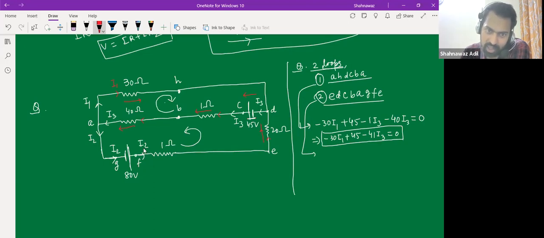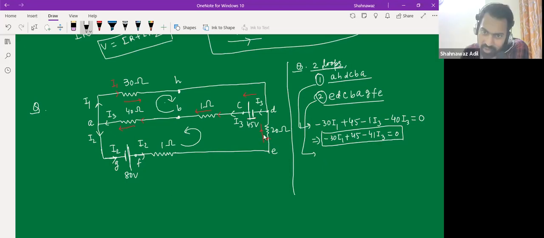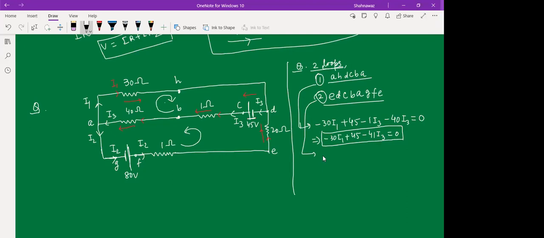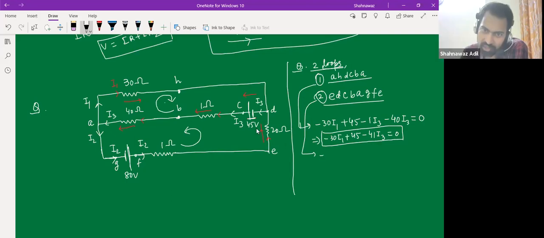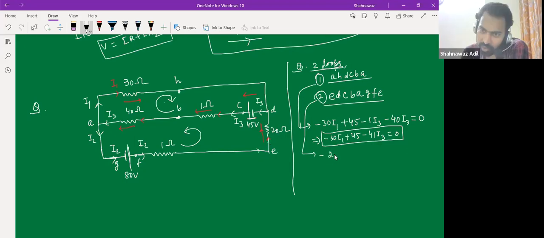So you tell me what should be here. Minus IR, I2 is flowing, and the resistance is 20. So minus 20 I2. Clear?